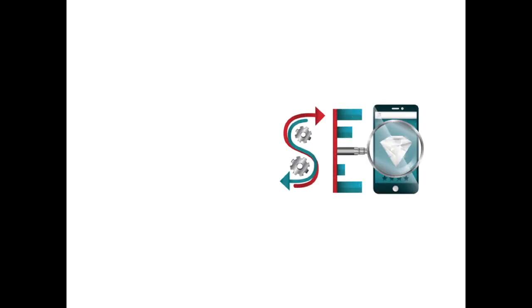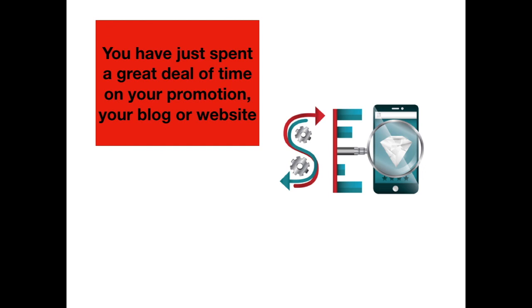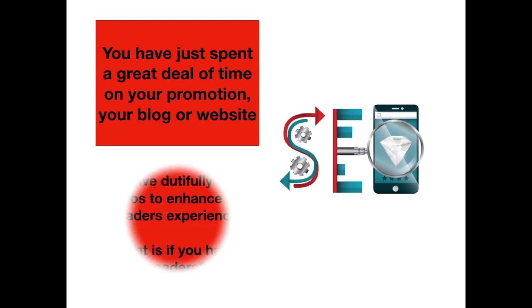So let's begin. One of the key things we all know is that search engine optimization is critical for your visibility, for your readers to find you, for new customers to find you. Basically, you've spent a great deal of time on your promotion, your blog, your website. You've added those key photos.